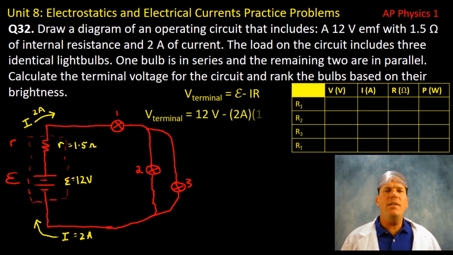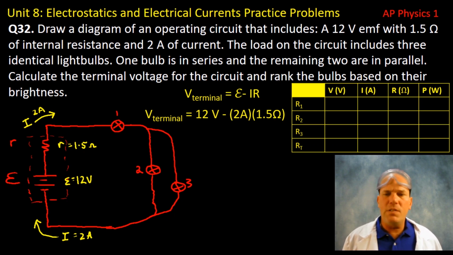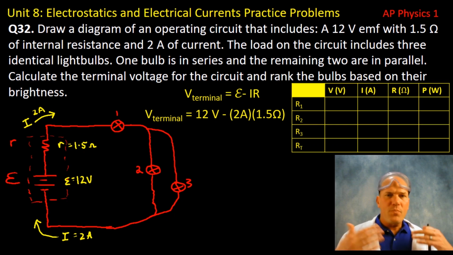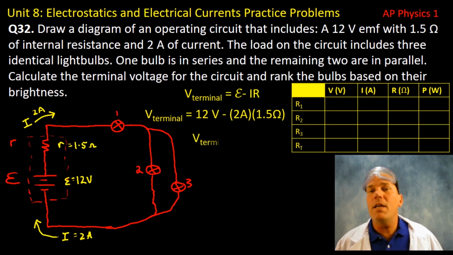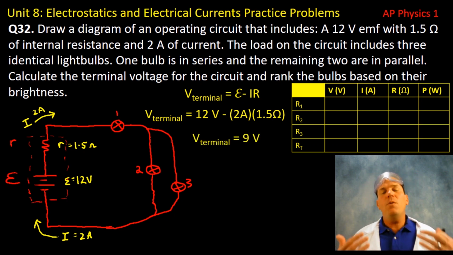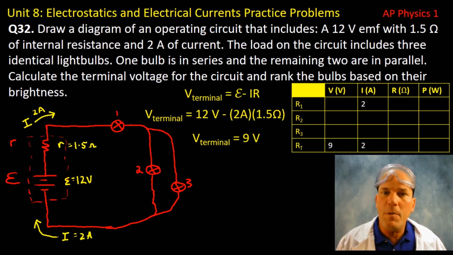So let's take our 12 volt EMF and subtract out the potential difference through the internal resistance, which is 2 amps, multiplied by that internal resistance, lowercase r. And so we get a terminal voltage equal to 9 volts. So that's going to be the value that we put in our VERP table.